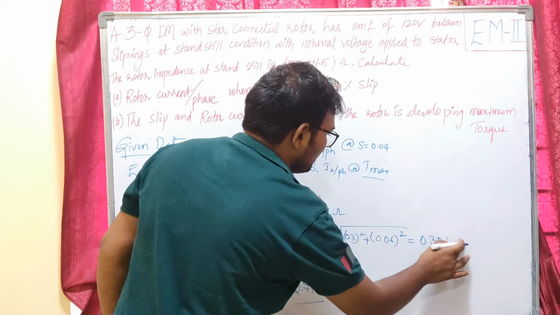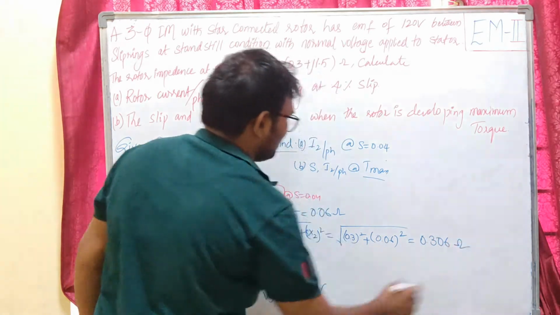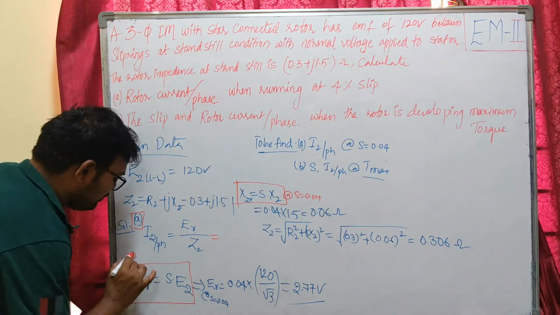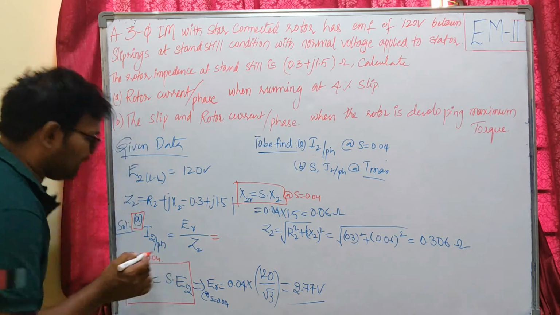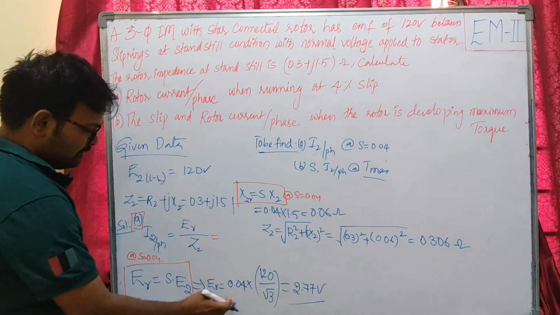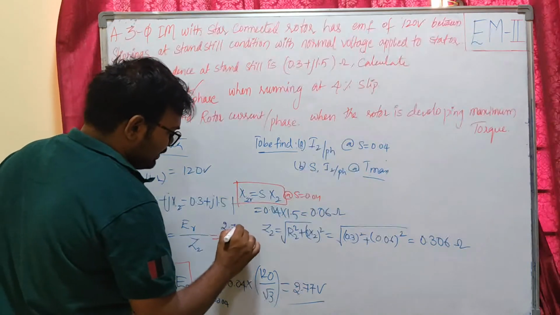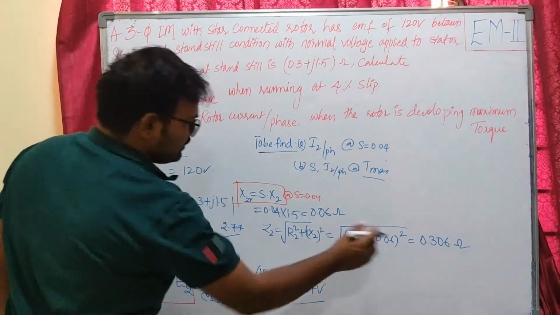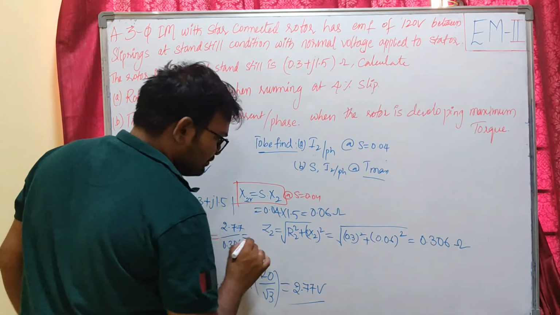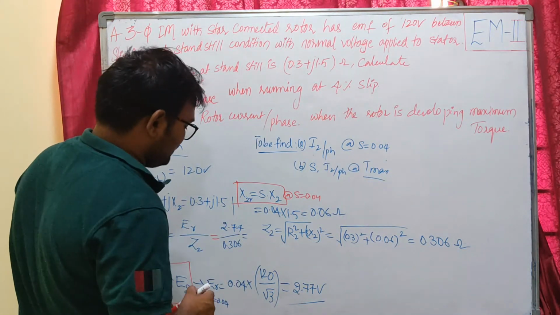Okay, this is my rotor impedance under running condition. So the rotor current equals ER, which is 2.77, divided by my Z2, which is 0.306. So my rotor current will be 9 amperes.